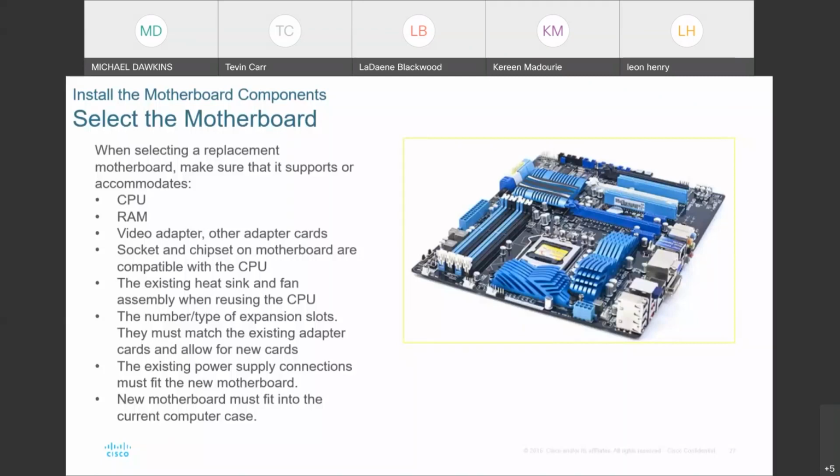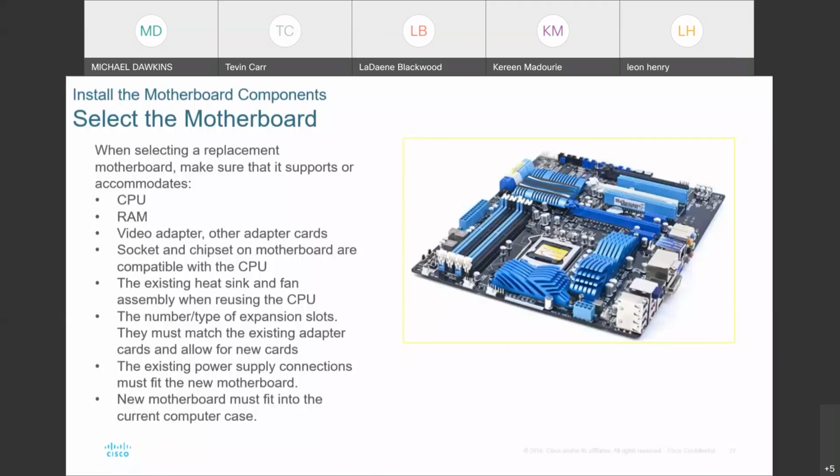It doesn't come with more than one expansion slot. Some of them two, but most times one. All right. So the existing power supply connectors may not work on that motherboard that you're buying. So chances are you might have to buy a new motherboard, because the motherboard that you buy could be newer and use a newer processor that requires more power, and power means wattage.